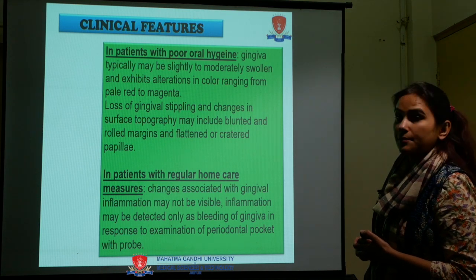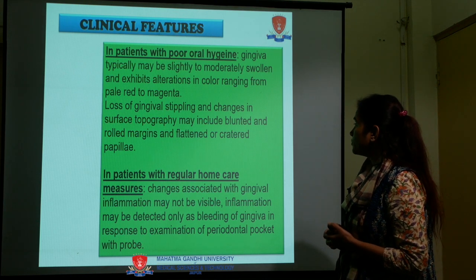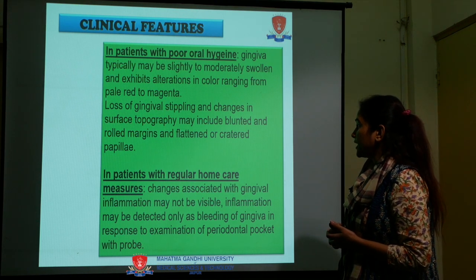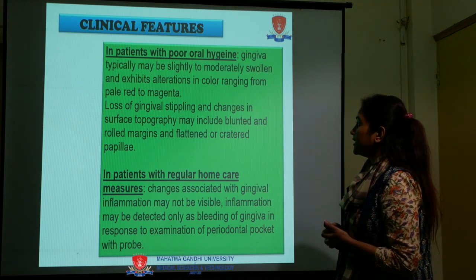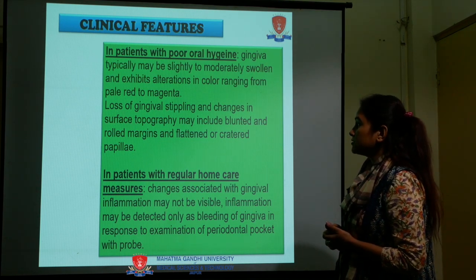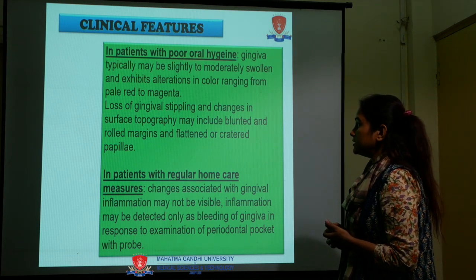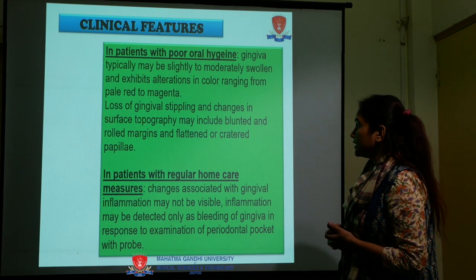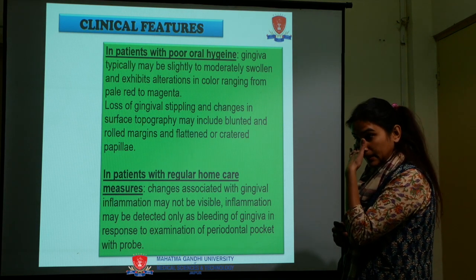There is loss of gingival stippling and changes in surface topography may include blunted and rolled margins and flattened or cratered papillae. In healthy gingiva, stippling is present, but in periodontitis there will be loss of stippling, and knife-edge margins won't be there. They will be blunt and rolled.